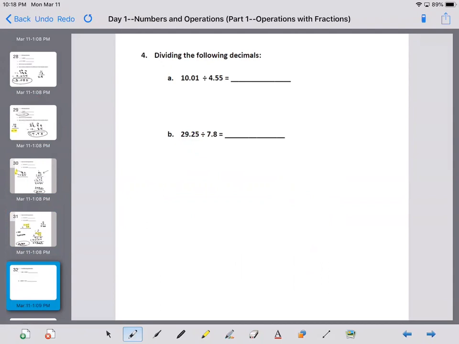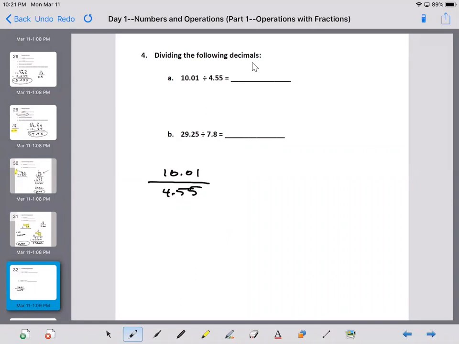And division is going to be the same way. We've got 10 and 1 hundredth divided by 4 and 55 hundredths. And so remember, there are different ways to divide this.